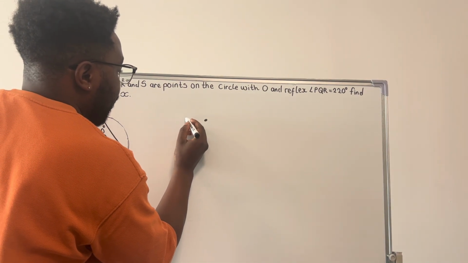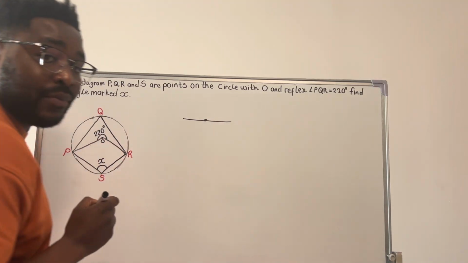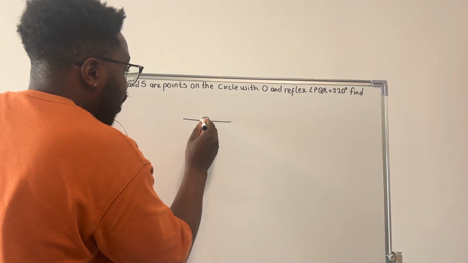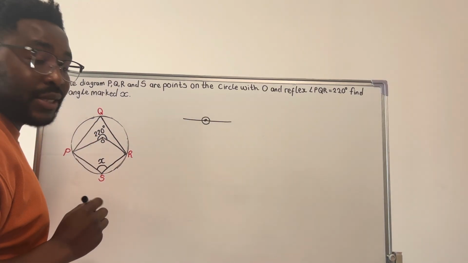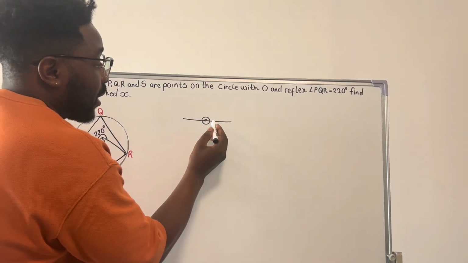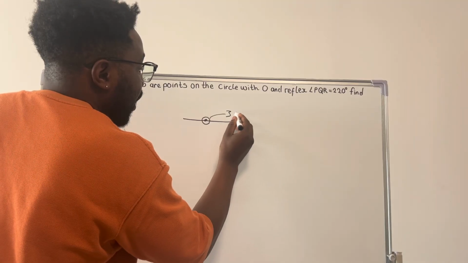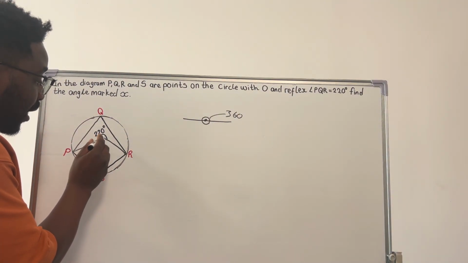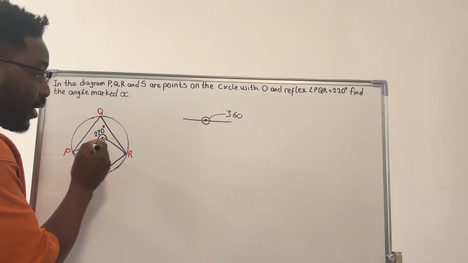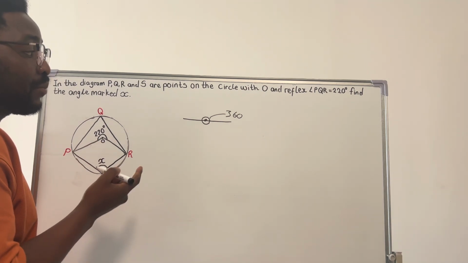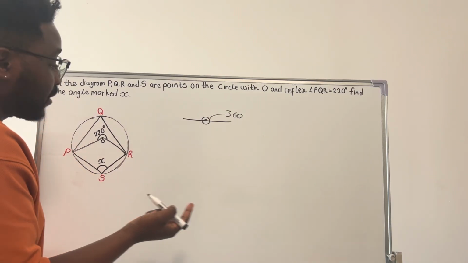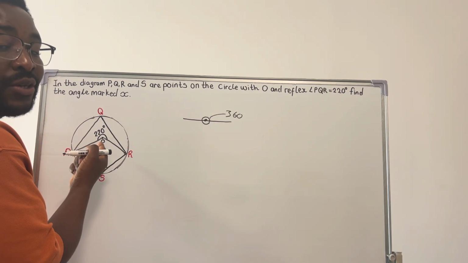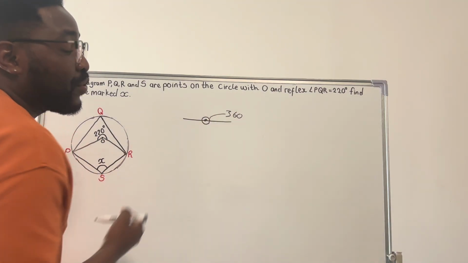Angles around a point add up to 360. So in order for us to find our smaller angle here at the center, all we have to do is subtract 220 from 360.